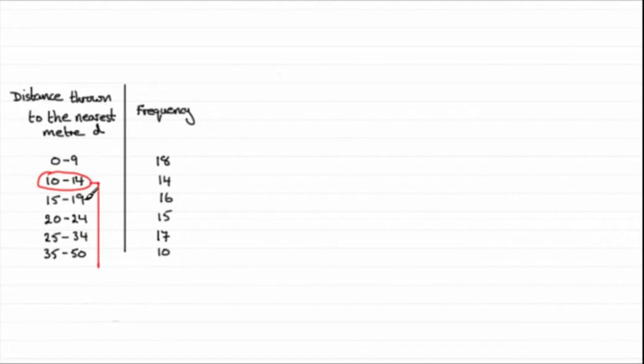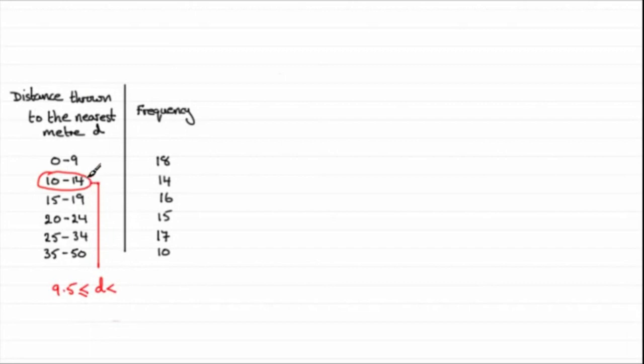If it's measured to the nearest meter, it means that the distance d has to be greater than or equal to the lower bound, but less than the upper bound. Now, what is the lower bound for this? Because we're measuring to the nearest meter, the lower bound must be 9.5 meters. We'll just put 9.5 there.